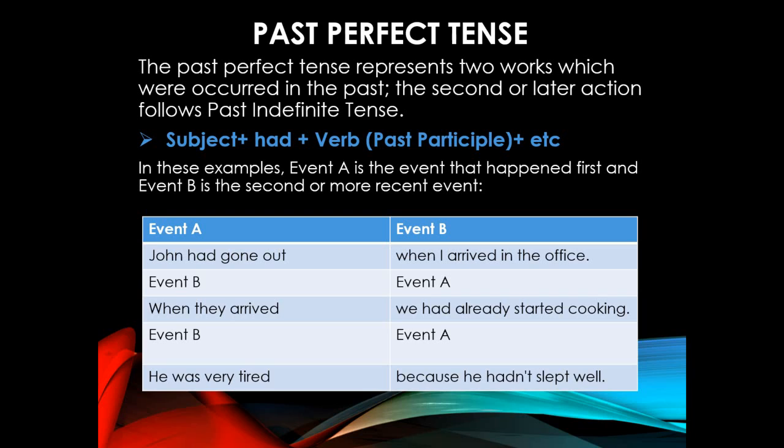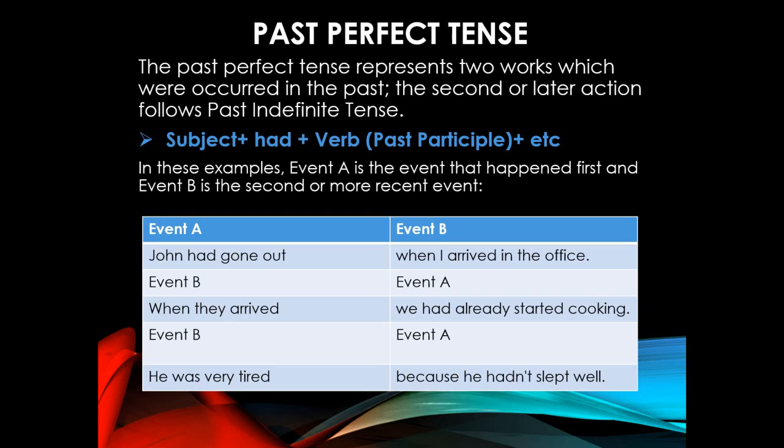The other example: event B, when they arrived; event A, we had already started cooking. That means this happened first: we had already started cooking, and the recent one is when they arrived. So these two incidents happened in the past, but at different times.